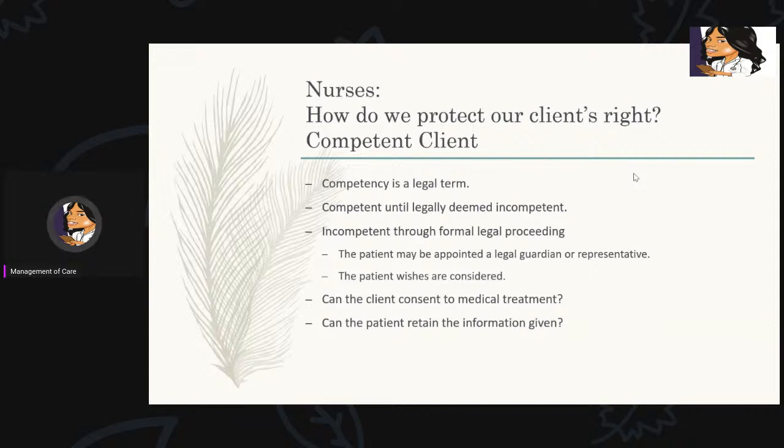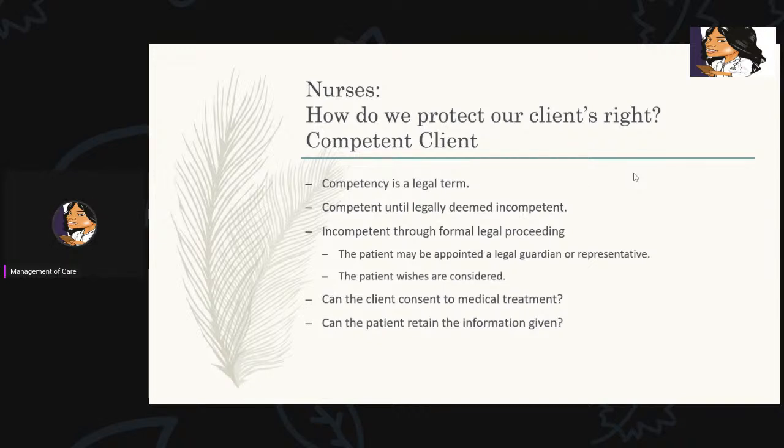So, to be deemed incompetent, you have to go through a legal proceeding. The patient may be appointed a legal guardian or legal representative, but still the patient's wishes are considered. So, as healthcare providers, just understand that if someone is incompetent, it's because they are legally deemed incompetent, not because, oh, they are a little older.